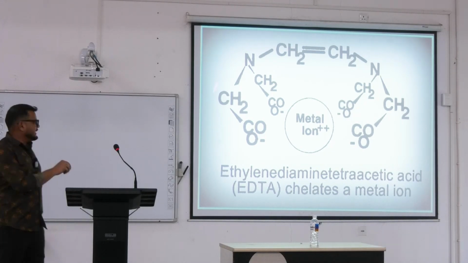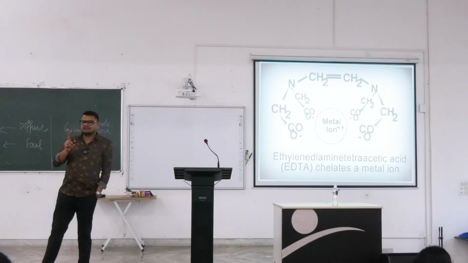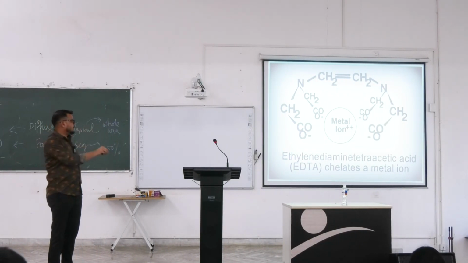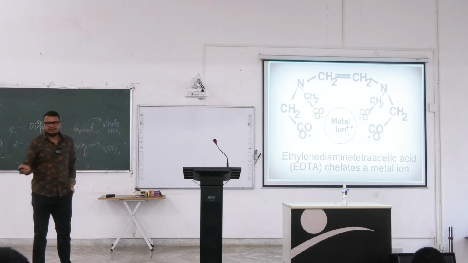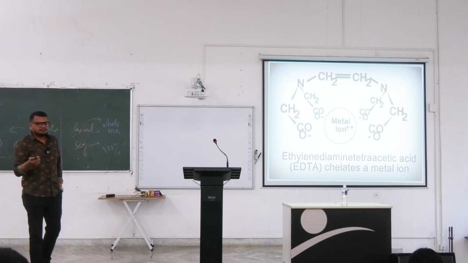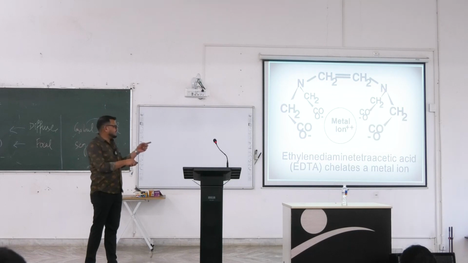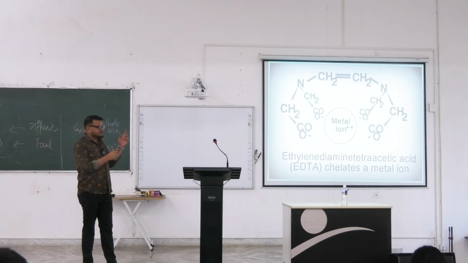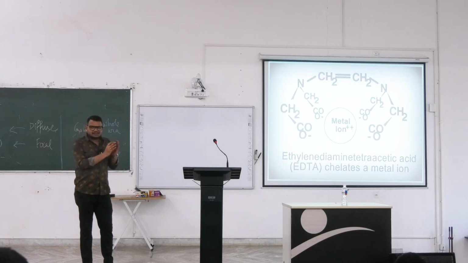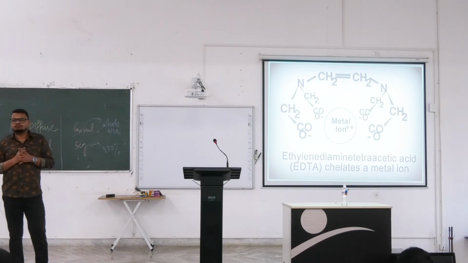Once formed, this complex must be able to be excreted out by the kidney, because if it is not excreted, then the entire function becomes meaningless. To have that characteristic, the complex must be water soluble.